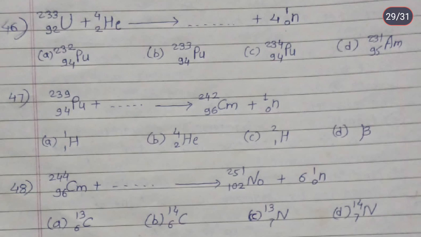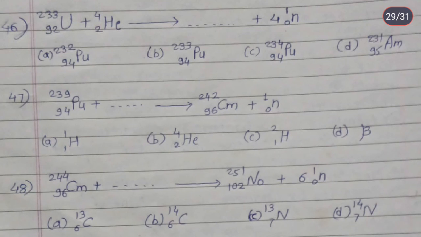So in the first reaction, uranium 92-233 plus He 2-4, that is alpha particle, it emits 4 neutron. So how do we find which element is present in that place?